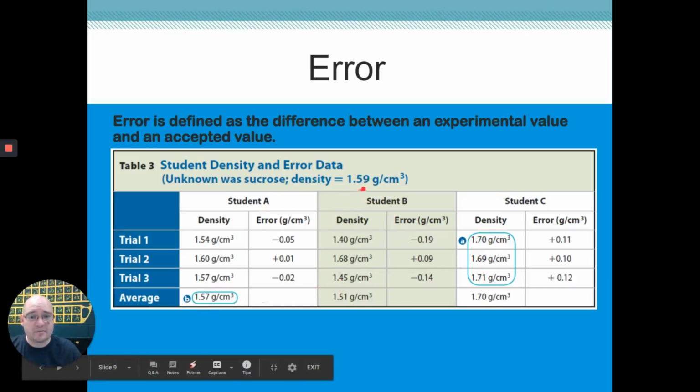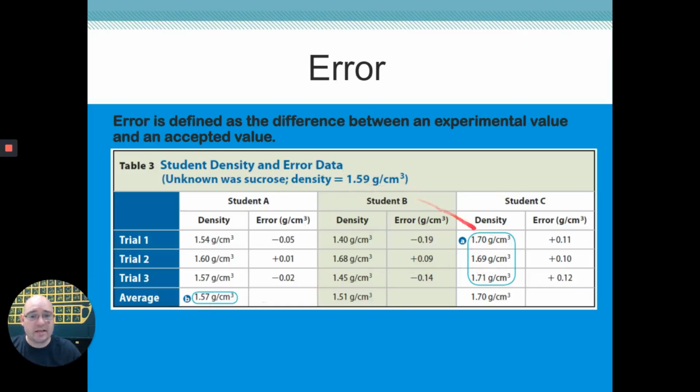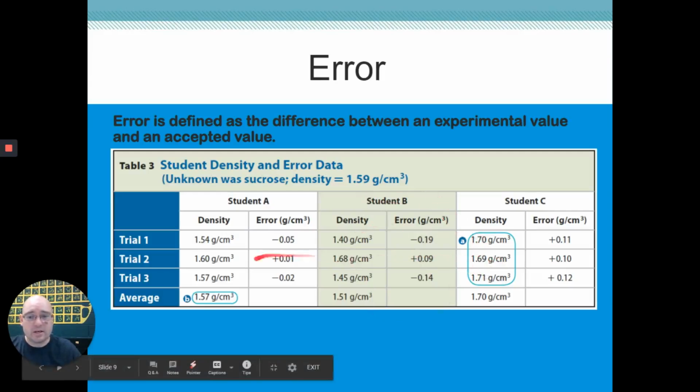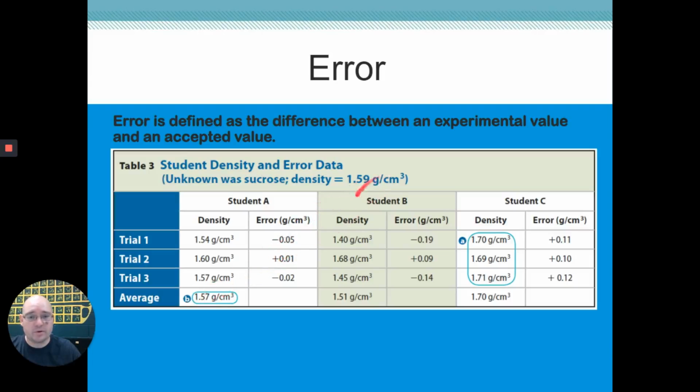If we say the accepted value is 1.59, these are very precise, but 1.7 and 1.5 are not really that close together when you're looking at all these numbers. 1.57 and 1.59 are pretty close to each other.